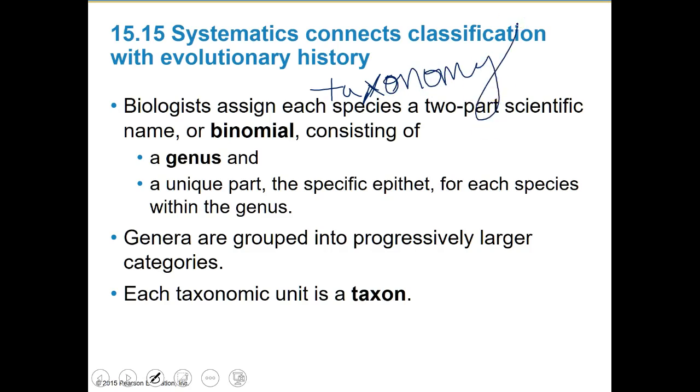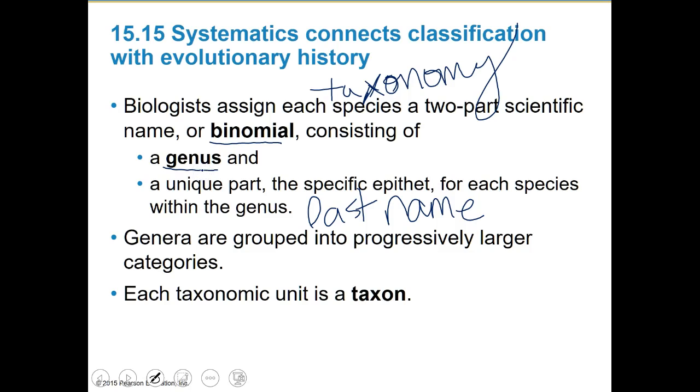So we assign each species a two-part name, or binomial. Binomial meaning two names. So it has the genus, and then it has a unique part at the end of it, sort of like a last name. For each species, that's a unique part. So it's got its genus, and genus are more common. Like, my first name is Kelly. That's pretty common.